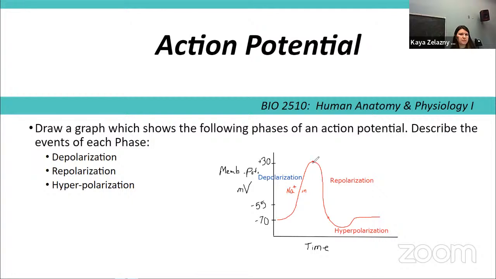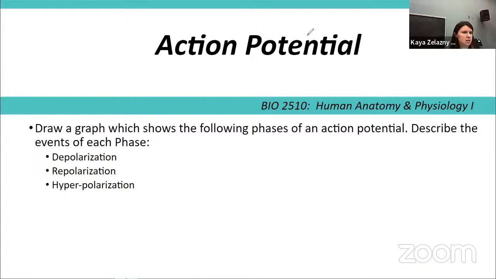So they're swinging closed here at the peak. Then we end up with a lot of potassium rushing out, which is why we're going down, repolarizing, and then hyperpolarizing. If we wanted, we could additionally draw on our permeability curves here, but I'm not going to do that right now. So we're going to keep talking about our action potentials.